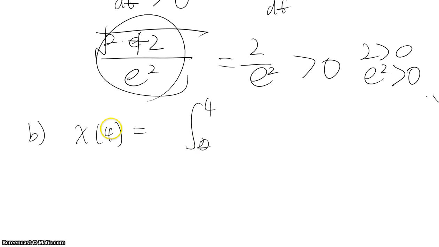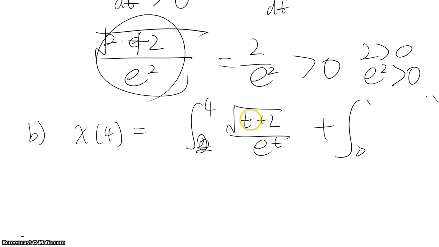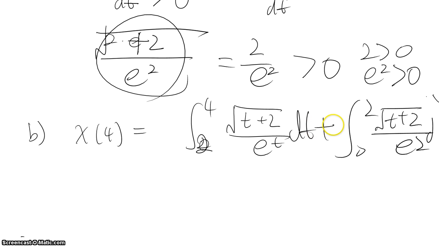It's actually from 0 to 4, but I'm using 2 to 4 because I know what we just got at t equals 2. So I'm going to plug numbers in: square root of t plus 2 over e to the t, dt, and I'm going to add the value at 2. Sorry about forgetting dt, never do that.